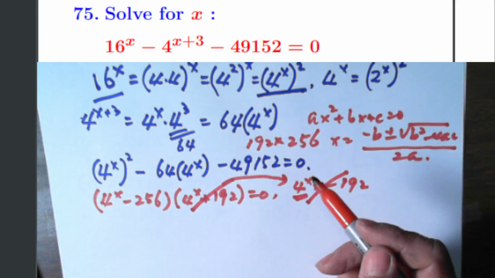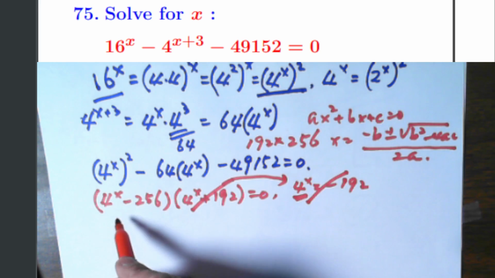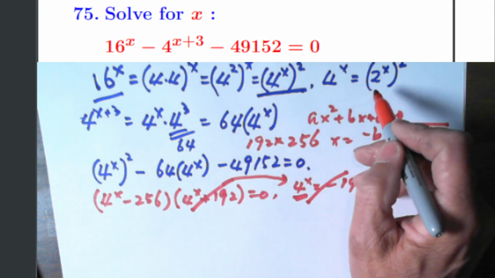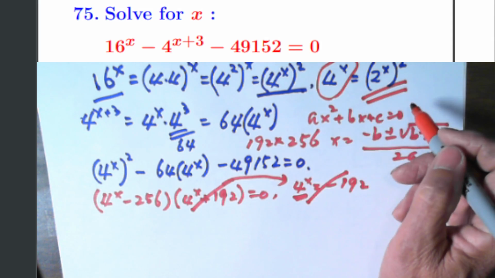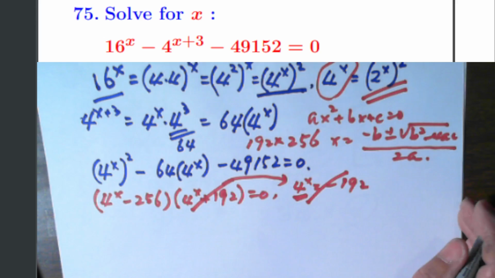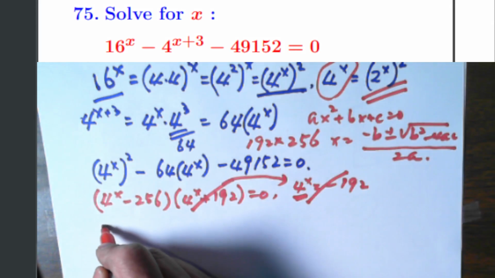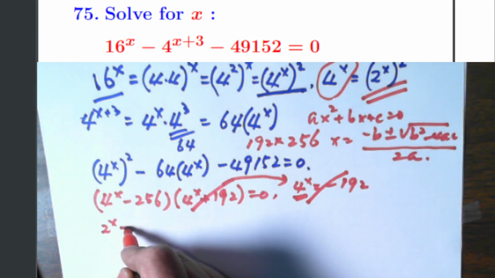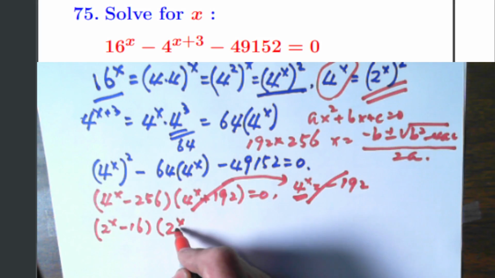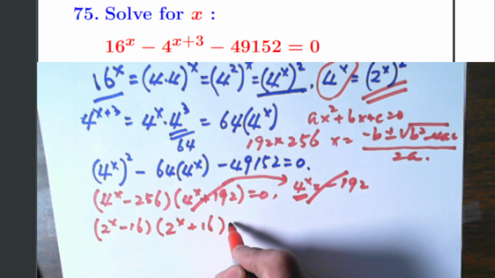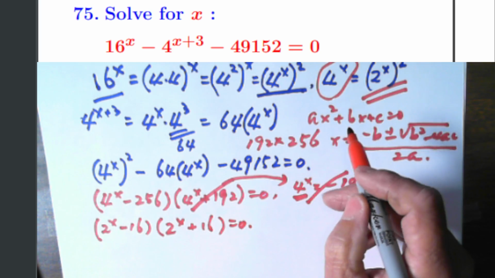Okay? And in the same way, this one we can rewrite. We just saw here 4^x will be (2^x) to the second power. So (2^x minus 16) and (2^x plus 16) equal to 0.